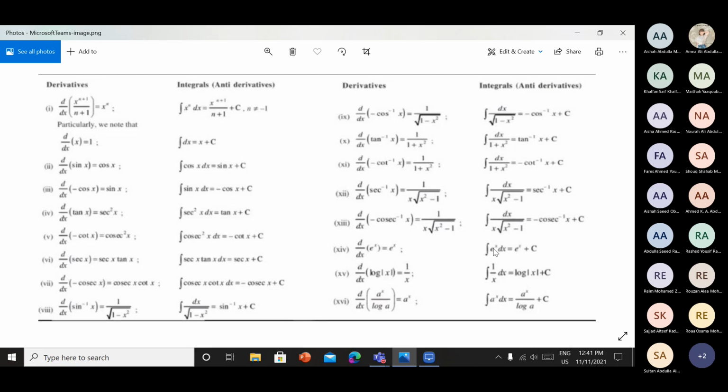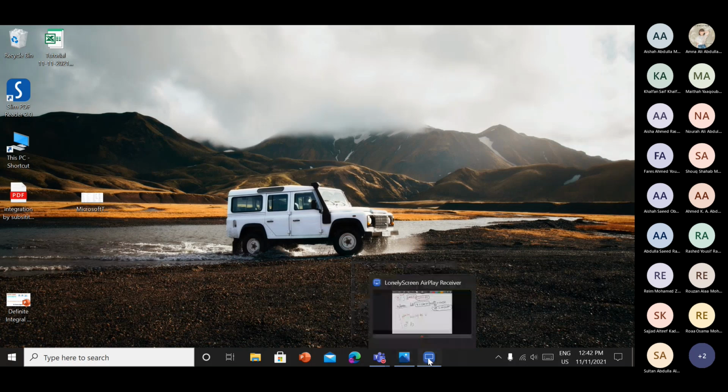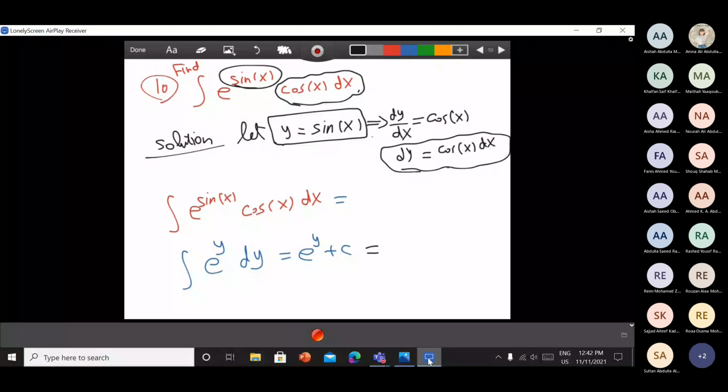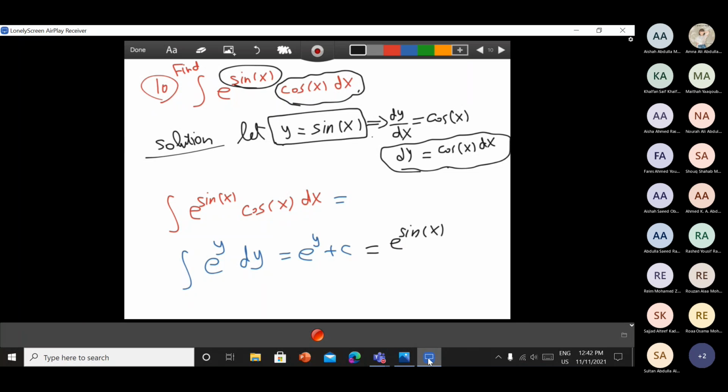The integration of e to the y dy will equal e to the y plus c. Once you finish, get back to the original variable. So you write y as sine x: e to the sine x plus c.